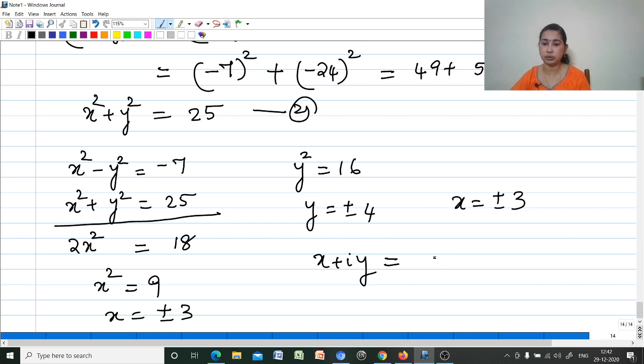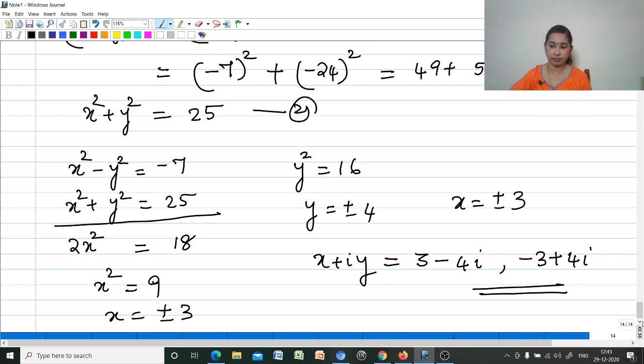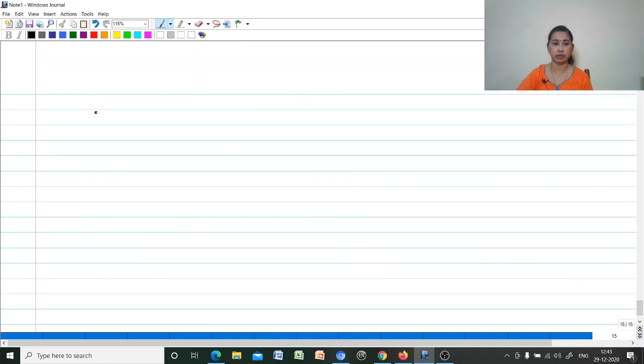So one square root is 3 minus 4i, right? And the other one possible is minus 3 plus 4i. These are the only two possibilities. So one more example we'll do to find the square root. Only finding the square root is there in the supplementary material, which we will complete now.